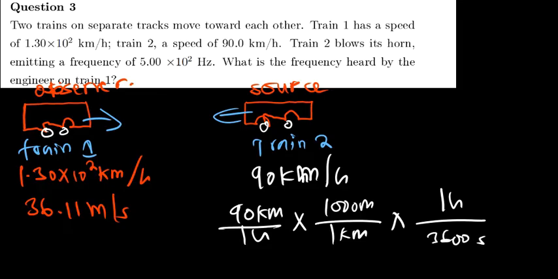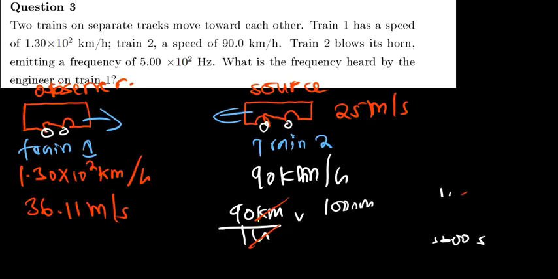So kilometers and kilometers will go, hour and hour will go. I'm going to have 90 times 1000, divided by 3600. I'm getting 25 meters per second. That is now my speed in meters per second.